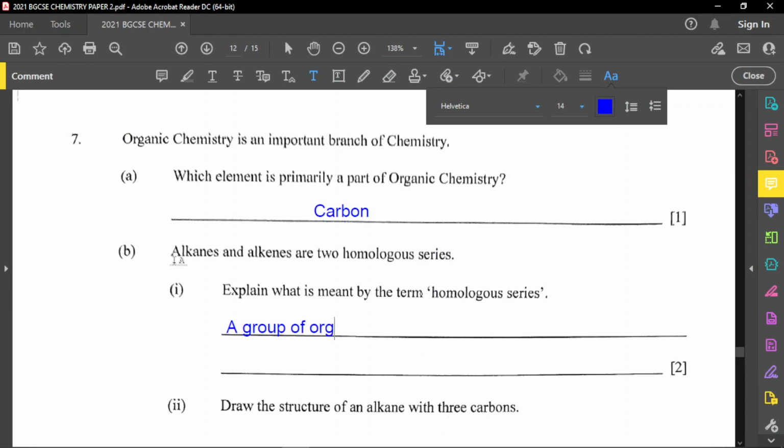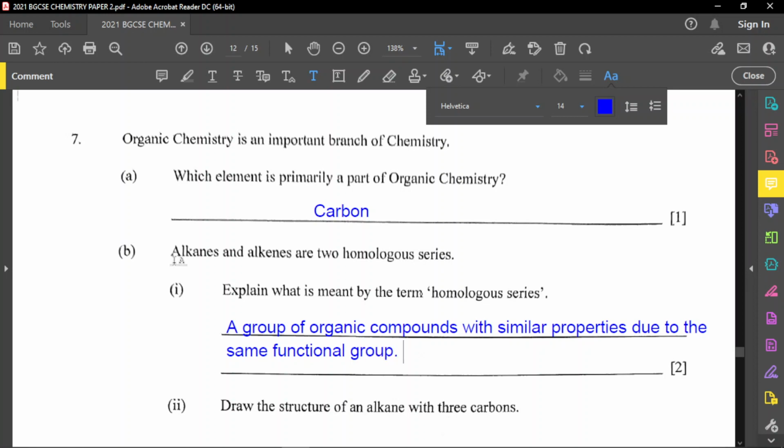So a group of organic compounds with similar properties, all right, with similar properties due to the same functional group. Okay, so they have the same functional group.